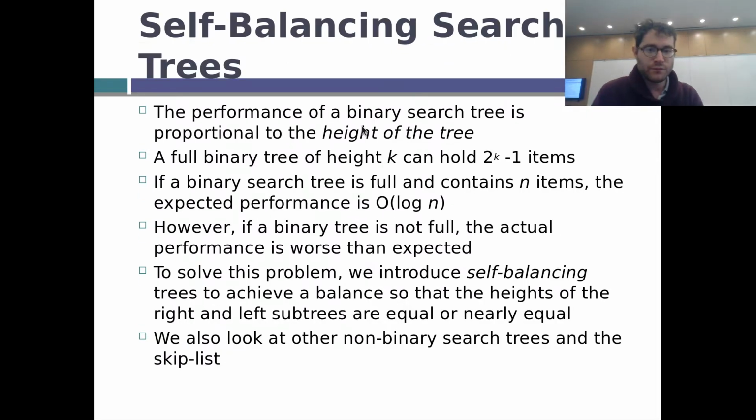All right. So the big thing about having a self-balanced binary search tree is that the performance of a binary search tree is proportional to the height of the tree. So let's say you have a perfect tree of height k, then it's going to have 2 to the k minus 1 items.